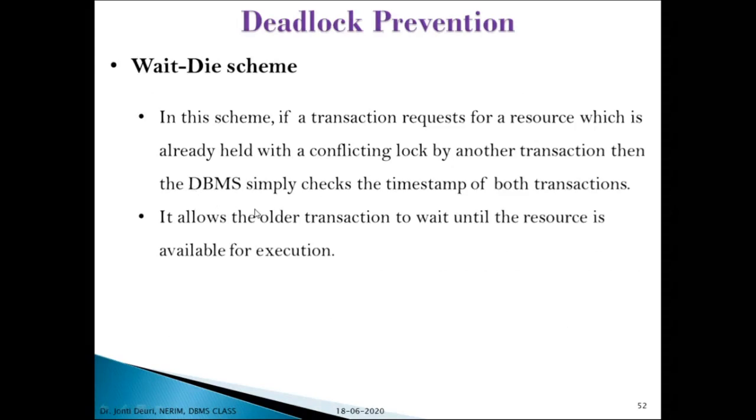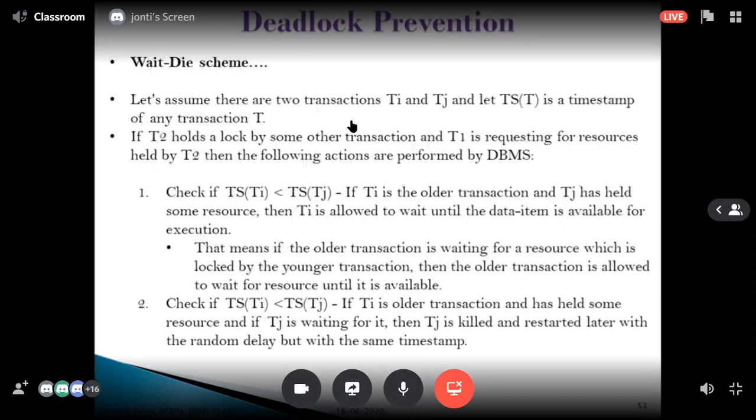The DBMS simply checks the timestamps of both transactions. It allows the older transaction to wait until the resource is available for execution. Whichever is older, they keep that one waiting until the other one finishes execution and the resource is available.